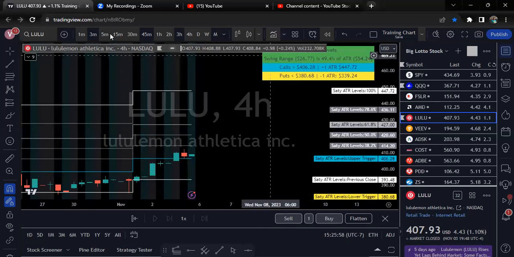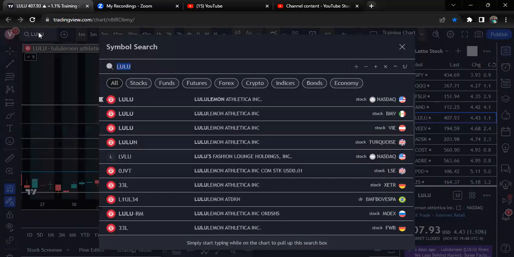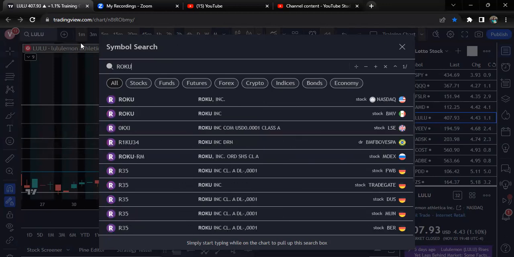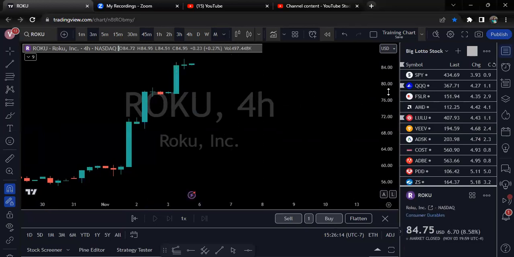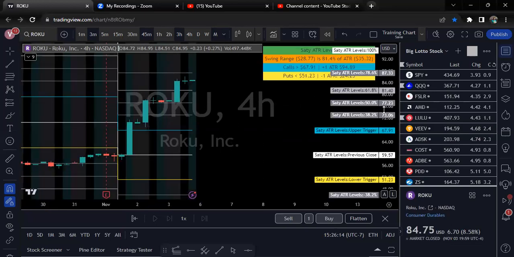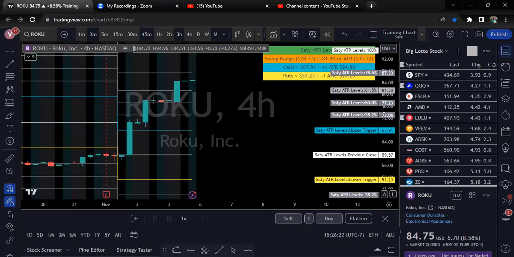Okay? If you're looking at any stock that has reported earnings, you want to use the high levels, the swing or the multi.